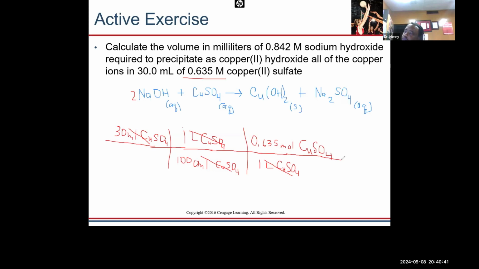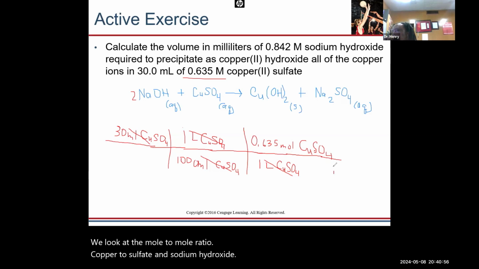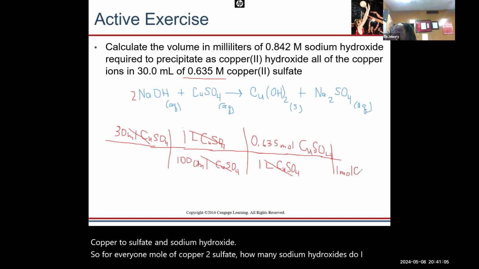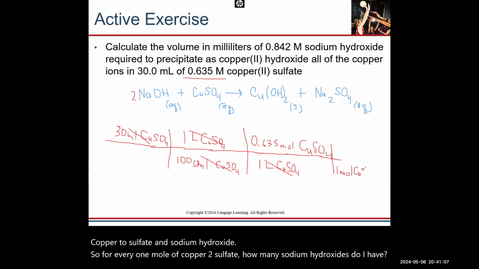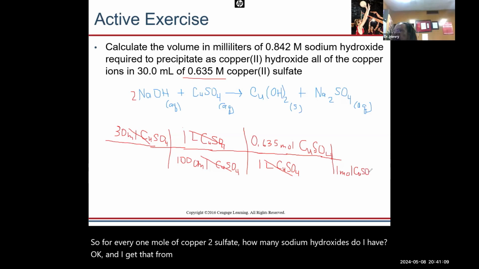Okay. So then we look at the mole to mole ratio between copper 2 sulfate and sodium hydroxide. So for every 1 mole of copper 2 sulfate, how many sodium hydroxides do I have? 2. And I get that from my chemical equation.